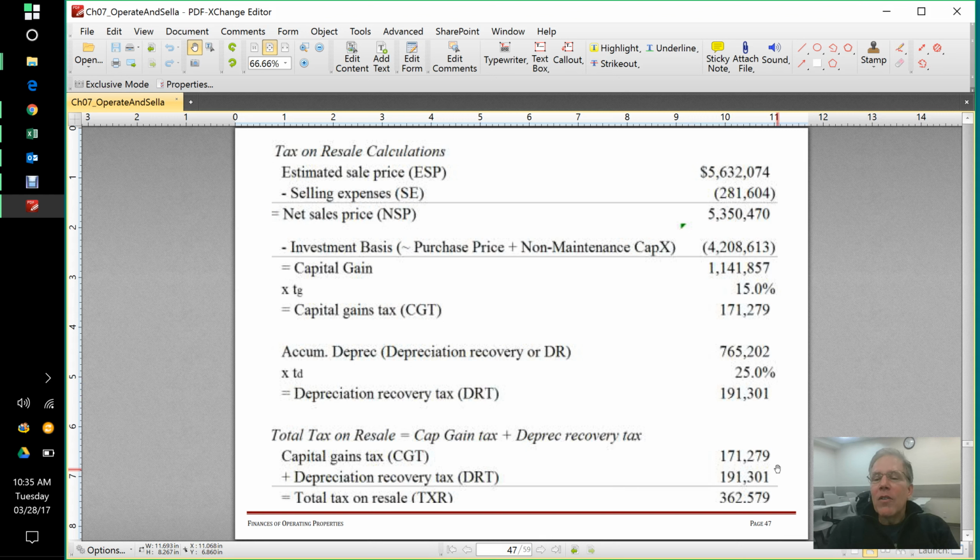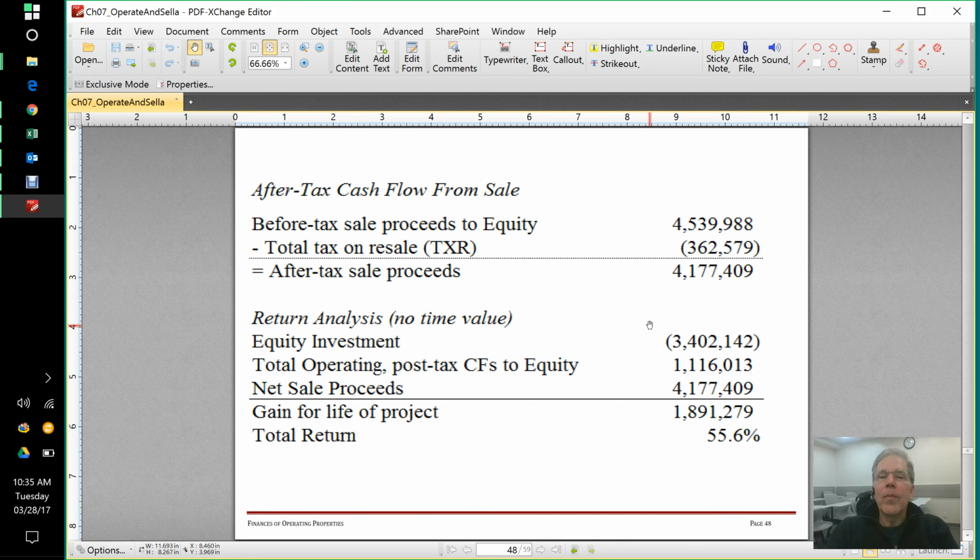Okay, so now down here we're just adding up the capital gains tax and the depreciation recovery tax, and so the total tax they're going to have to pay is about $363,000.